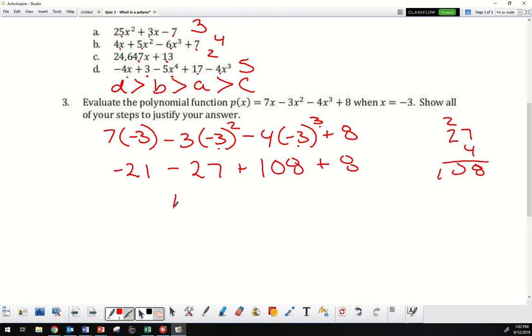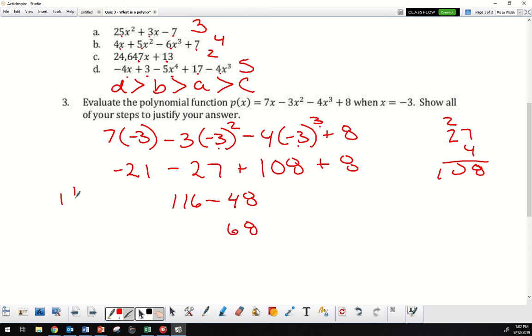I'm going to get 116 minus 48. Do the math: borrow 1, 16 minus 8 is 8, and we should get 68.